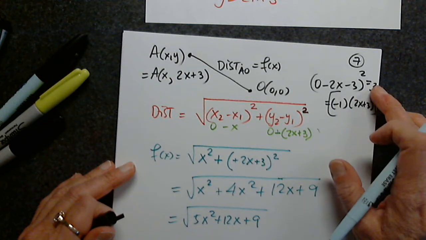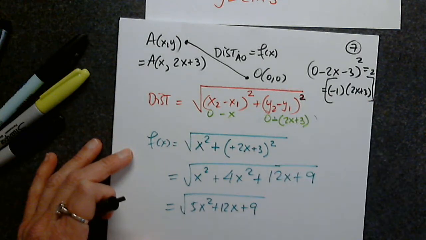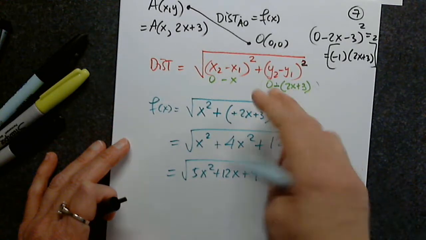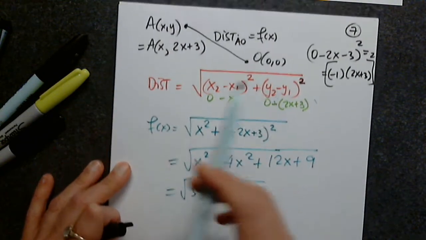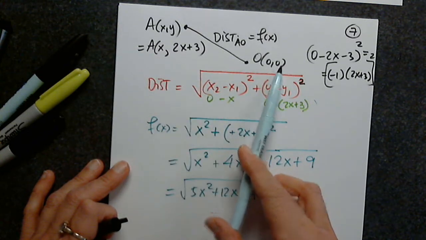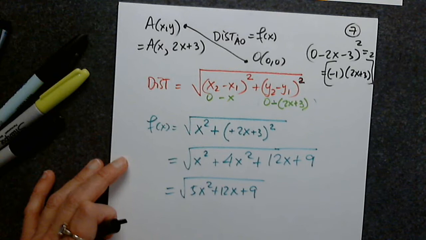So negative 1 squared is positive, so I only have to square that. You could just put x as x2 and 2x plus 3. I could have reversed them, yes. I could have said x minus 0 and 2x plus 3 minus 0. I should have started there. It would have been easier. Is that better, Nico? Okay.